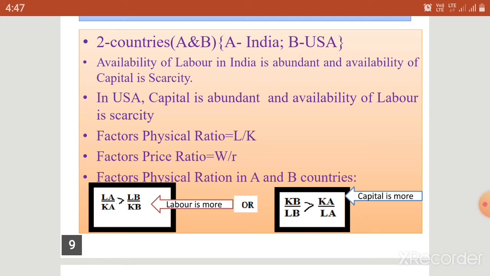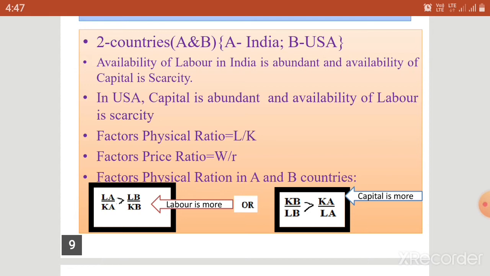In USA, capital is abundant and availability of labor is scarce. Factor physical ratio is equal to labor by capital. Factor price ratio is equal to W by R, wages by rent.